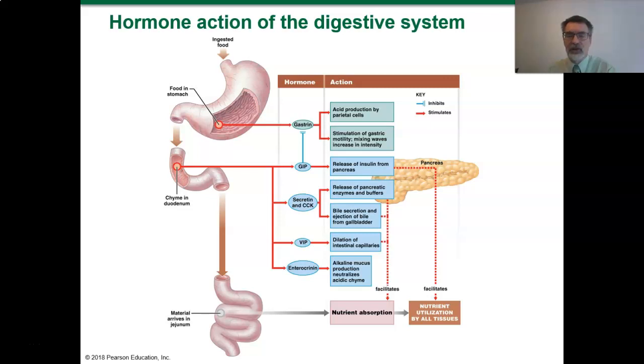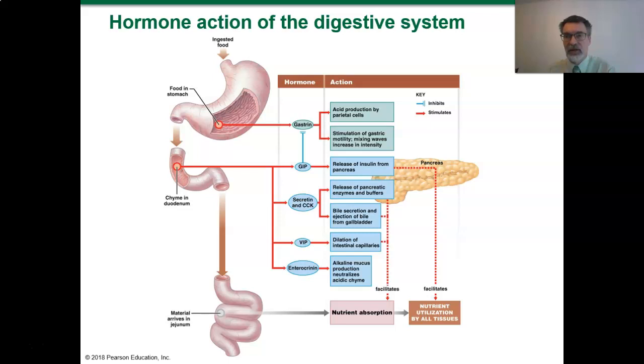The GIP, the gastric inhibitory protein, would inhibit gastrin activity, but also stimulate pancreatic activity along with secretin, which helps promote activities of the pancreas, which include both insulin production and release of some of the digestive enzymes of the pancreas. CCK, along with secretin, is going to help stimulate that activity as well.